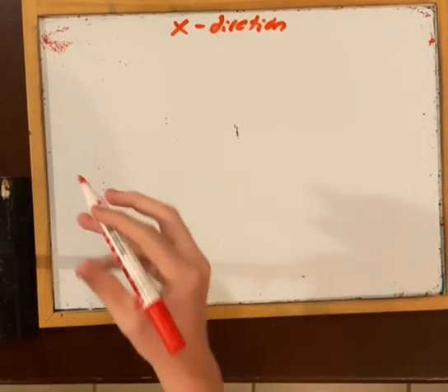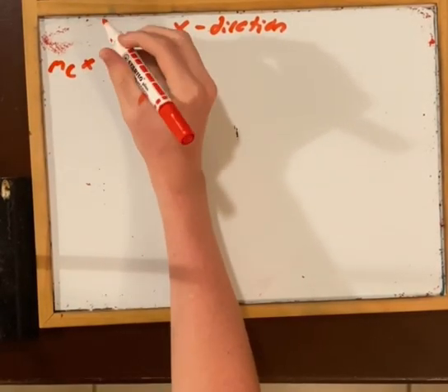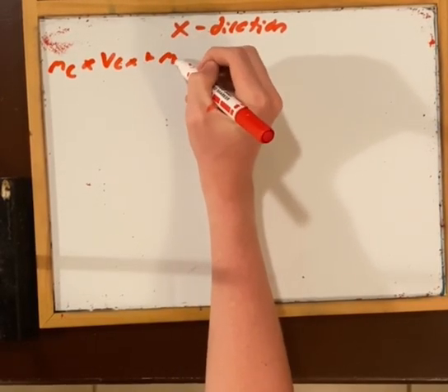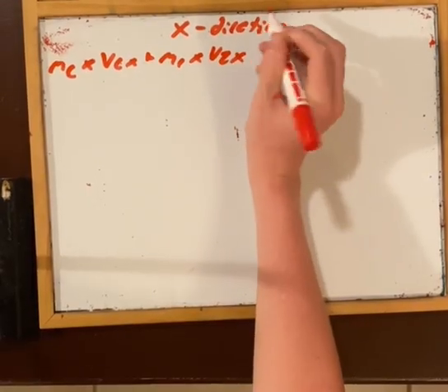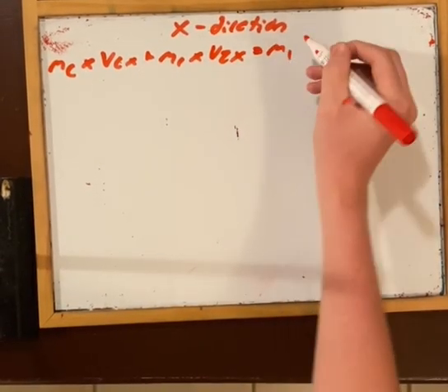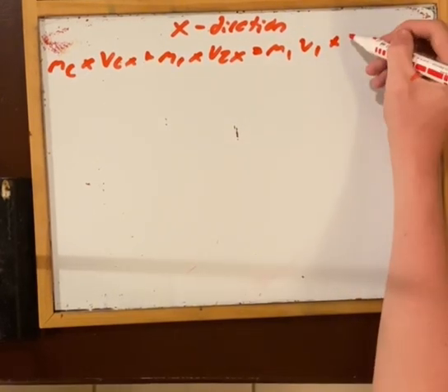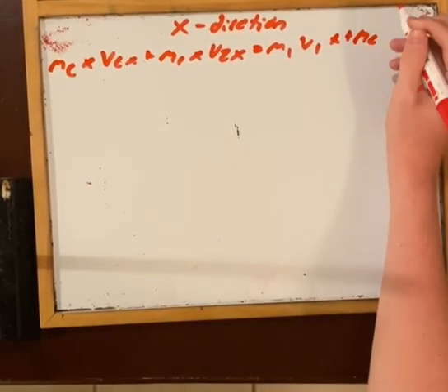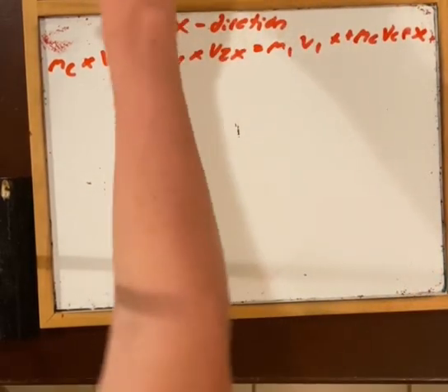Okay, so the formula I need to use is m1 v1i x plus m2 v2i x equals m1 v1f x plus m2 v2f x.